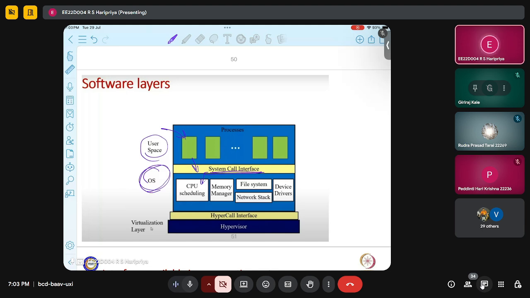Now increasingly in this stack, one more layer we are adding, which is called the hypervisor, widely known as a virtualization layer. The hypervisor is also a piece of software. It is below the operating system.